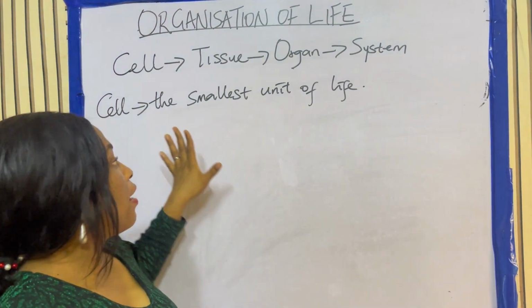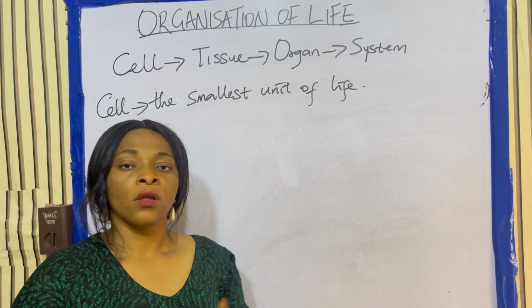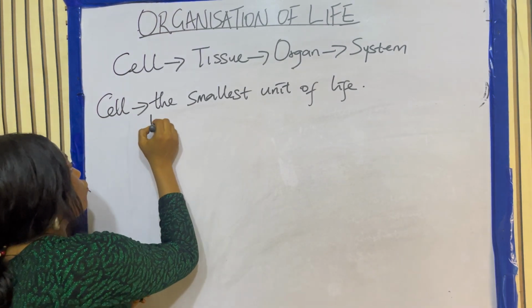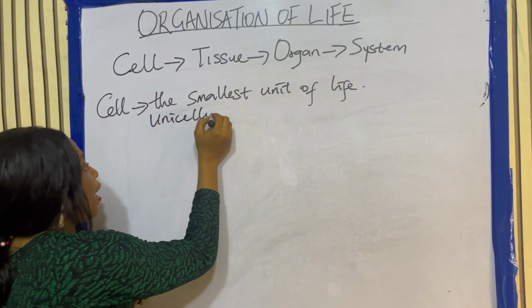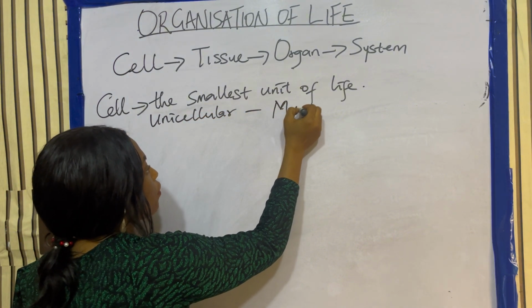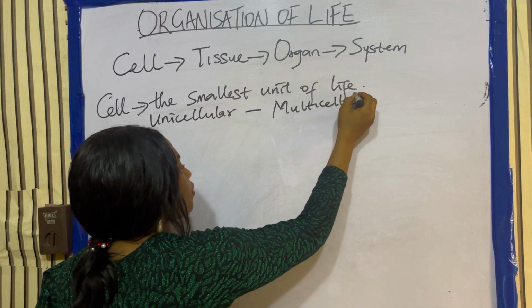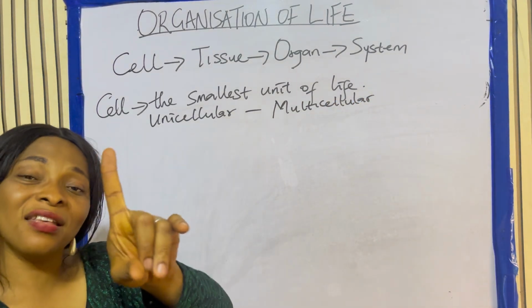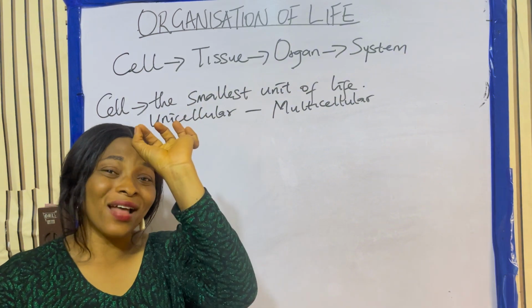Okay, so cell, as we have seen the definition, now there are different types of cell. We have what we call the unicellular cell and also the multicellular cell. What is unicellular cell? Unicellular cell is a cell that exists as just one cell.